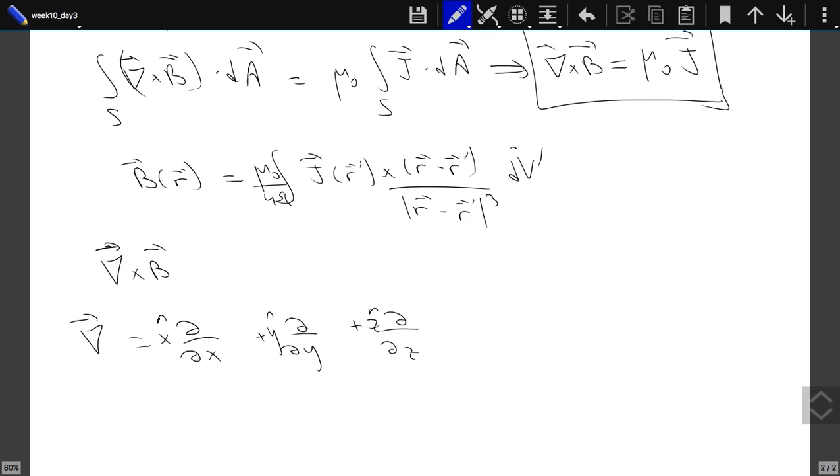It's derivatives with respect to the coordinates of R. Then I will also use this one with a prime. This will be x hat del over del x prime plus y hat del over del y prime plus z hat del over del z prime. This del prime will be derivatives with respect to the primed coordinates.